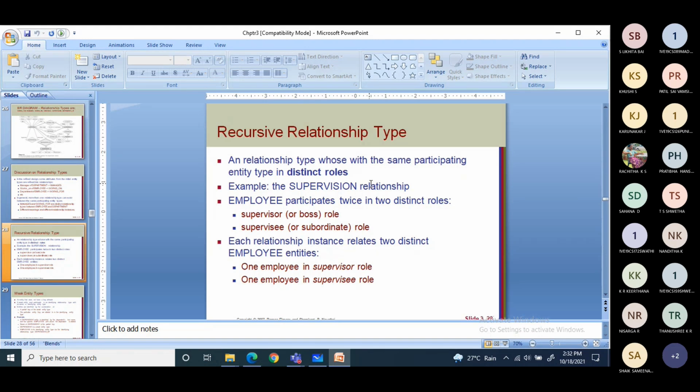Each relationship type instance relates two distinct employee entities: one employee in supervisor role and one employee in supervisee role. Maybe 1:1, maybe one employee in supervisor role and n employees in supervisee role.